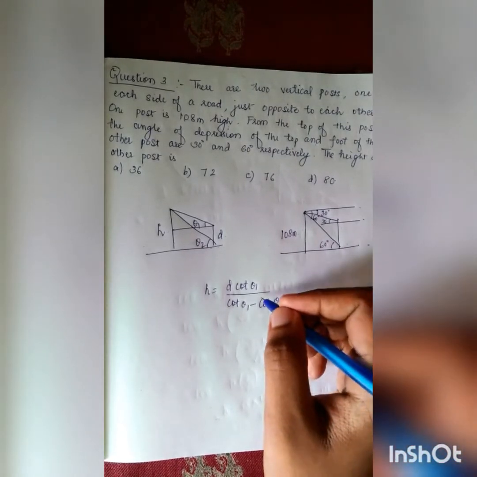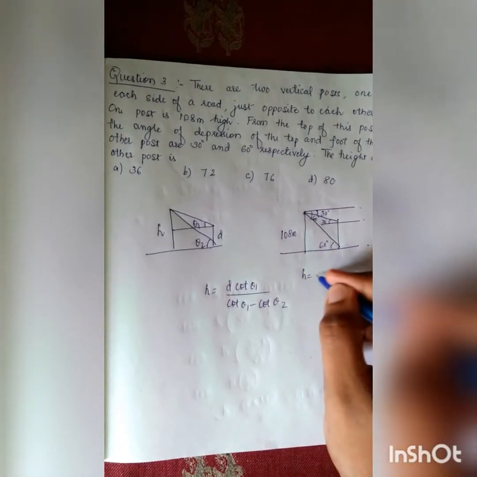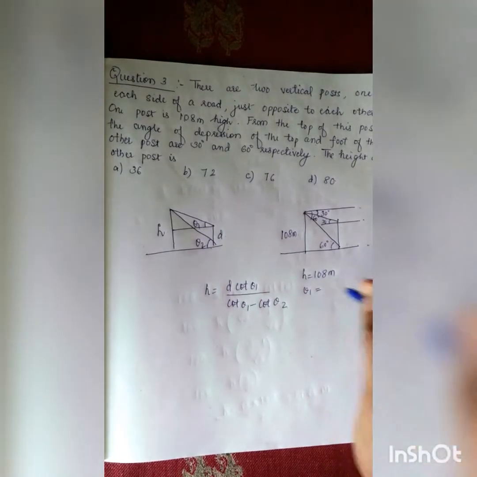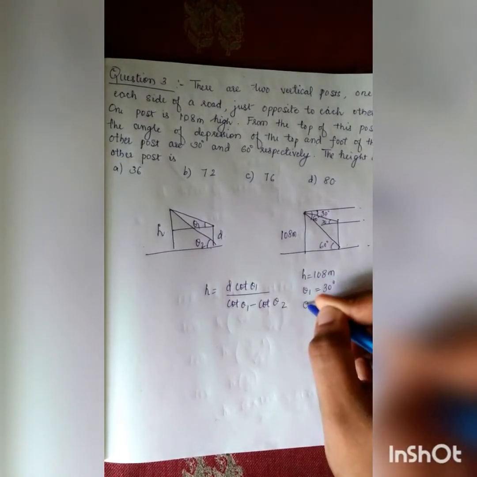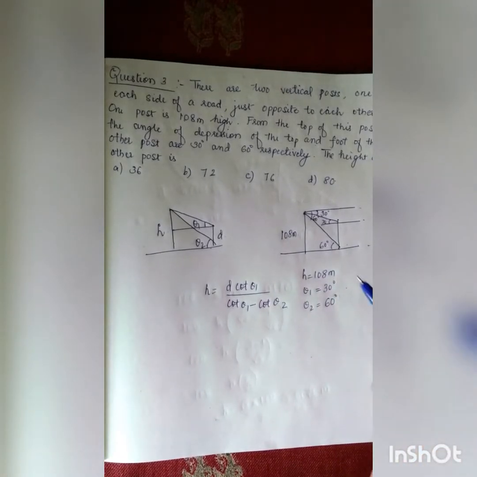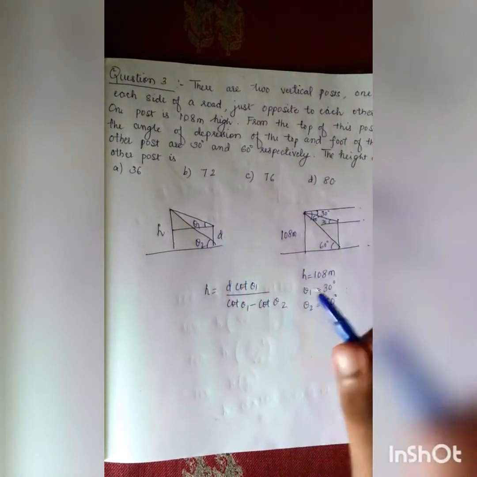So now let's put in the values of the question. We are given that h is equal to 108 meter, theta 1 is 30 degree, theta 2 is 60 degree. So we need to find the height of the other post, which means d.